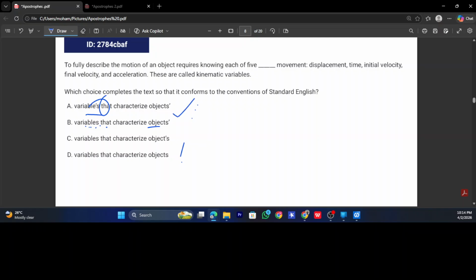Okay, and C is also incorrect because object's is not the right form here. And D is also incorrect because the context requires the singular possessive noun object's.